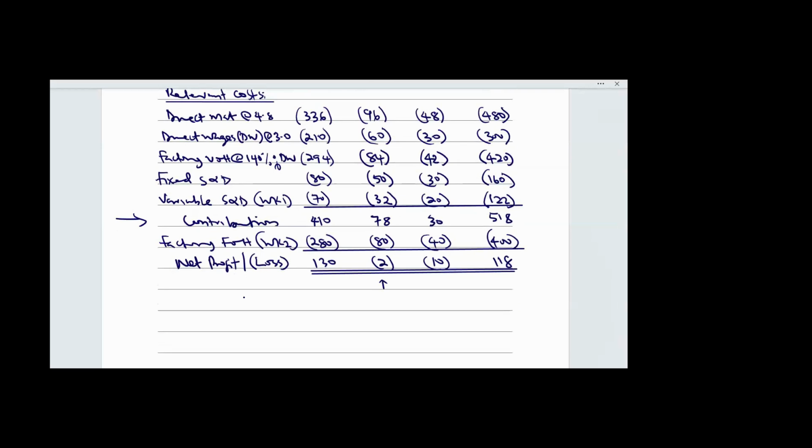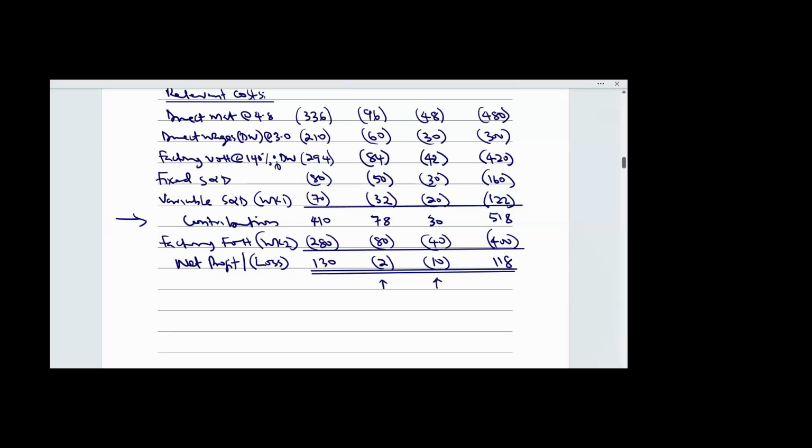There is a loss of 2,000 for Benin, loss of 10,000 for Kaduna. That's why the company is thinking of closing down Benin and Kaduna depots. You remember when we started, I mentioned to you that the only reason that makes management think of closing down or discontinuing a particular segment is if the segment is operating at a loss. So that is that. Let's move to the next one.